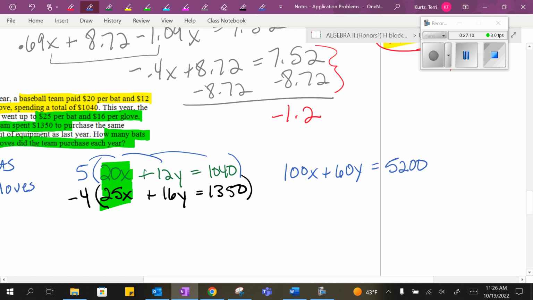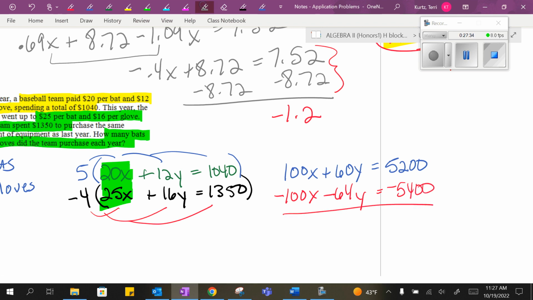Then I'm going to multiply this bottom equation by negative 4. So negative 4 times 25 gives me negative 100. 16 times negative 4 gives me negative 64y. And 1350 times negative 4 gives me negative 5,400.